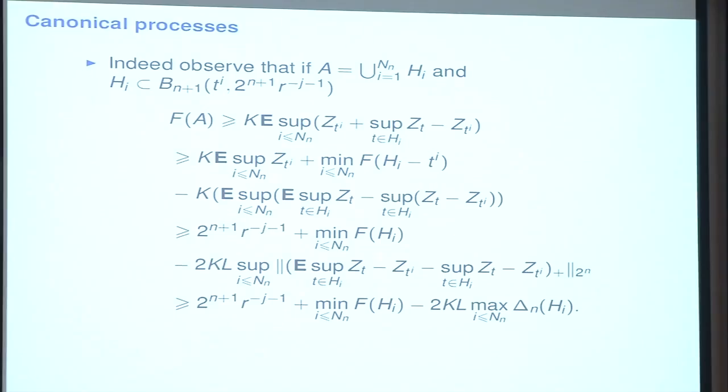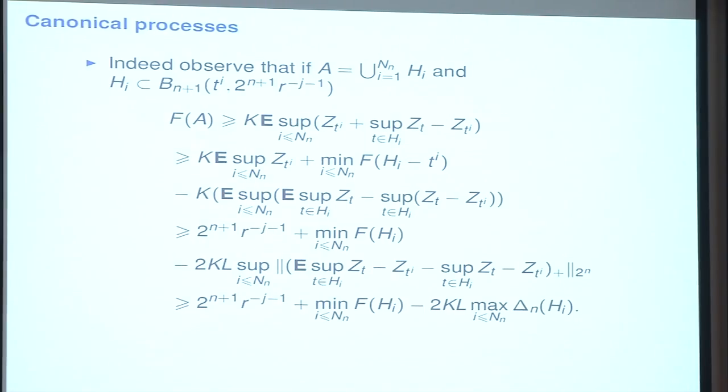And what is left is something which we have to control from above, because it has to be compensated by our gain from the Sudakov minoration. And as you can see, this is the right quantity, and we like it, and there is something which is left.